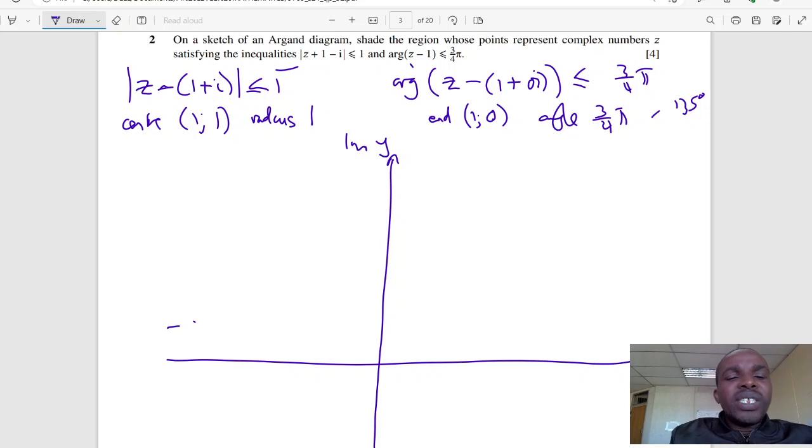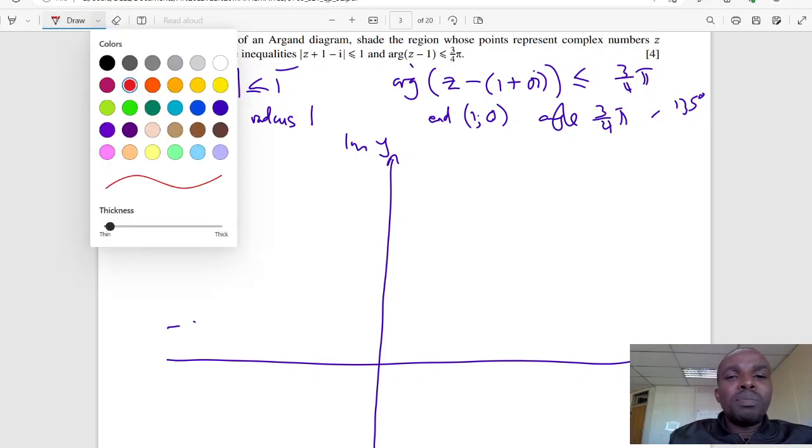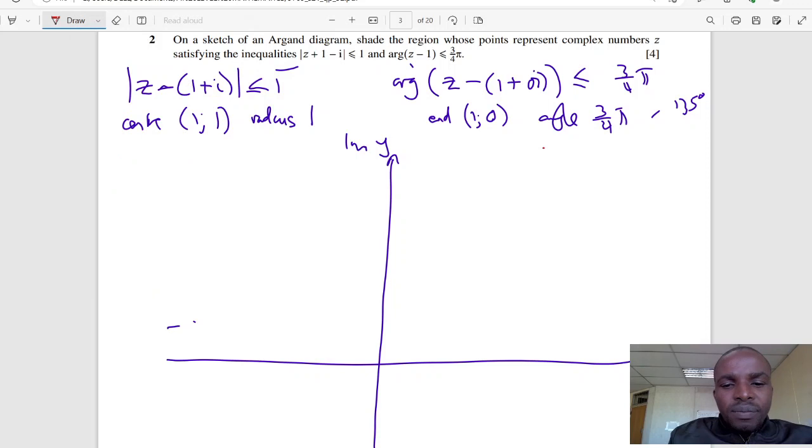Right. Then we start with the first part. The first part represents a circle, center 1, 1. Actually, for the real part it's -1, because minus, minus gives plus. So this one is supposed to be minus here, not plus, so that when you remove the bracket you get back to your original item. So it's -1.